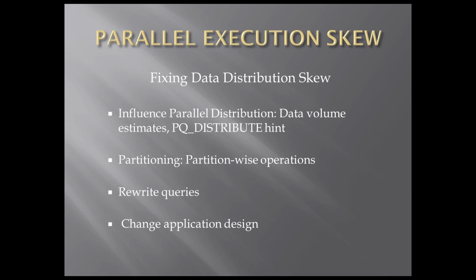Just to give you an idea, to address this data or work distribution issue, you can influence the parallel distribution by changing the estimates of the optimizer, for example, or you can explicitly influence it using the PQ_DISTRIBUTE hint.